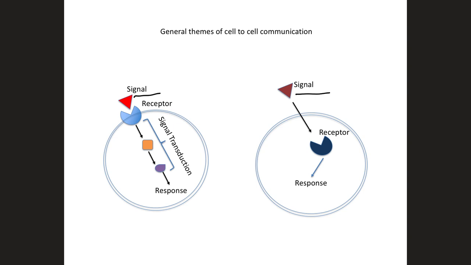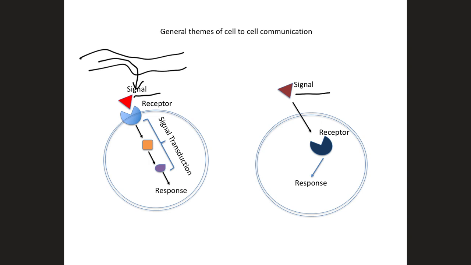Now, some signals in our body are water soluble, so they either travel within the bloodstream to a cell somewhere else in the body, or they can just travel between two cells in the liquid that separates the cells.